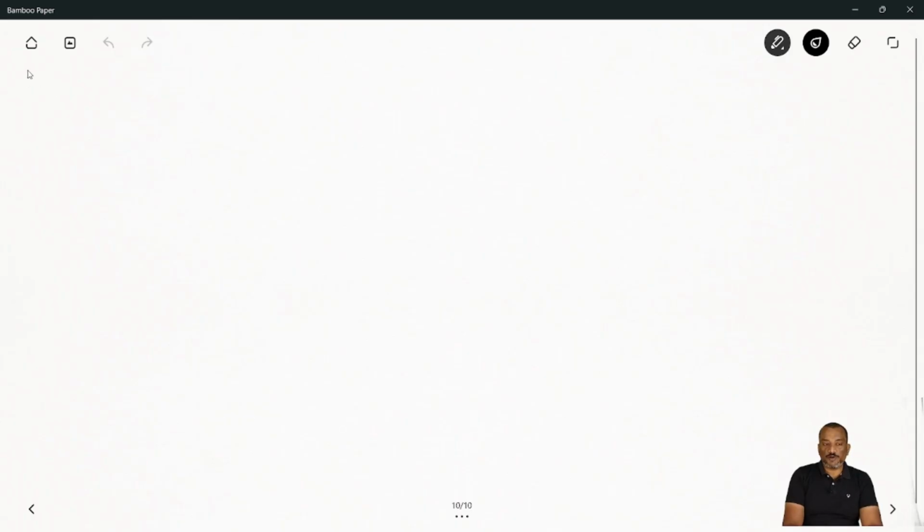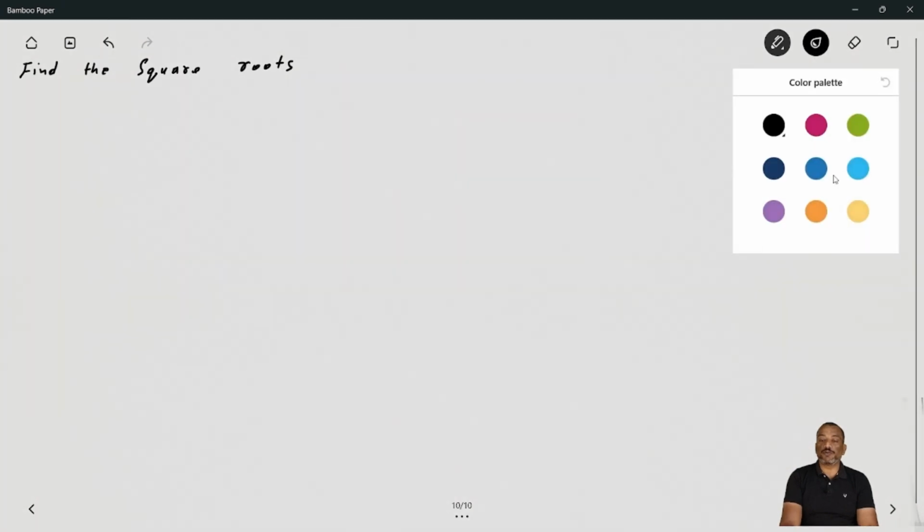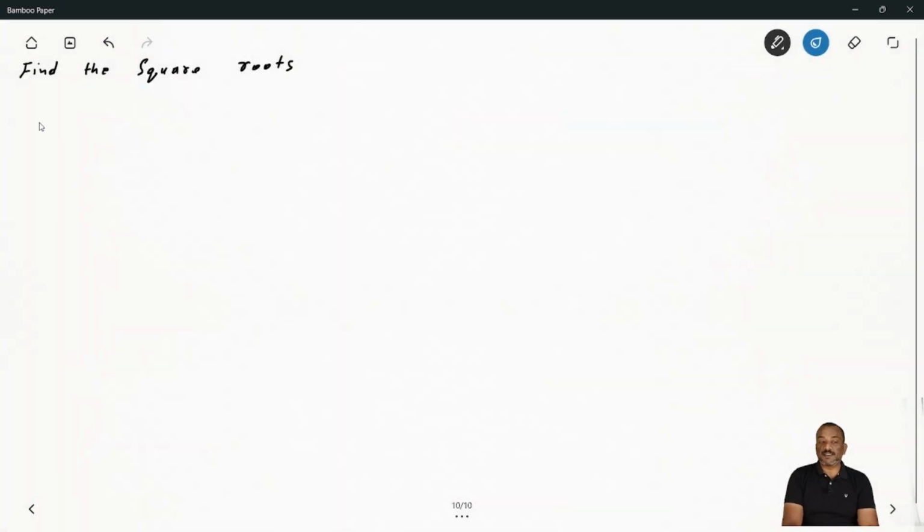So now our topic is find the square roots. First one we are going to go with is repeated subtraction, and this is basically for school-going kids.